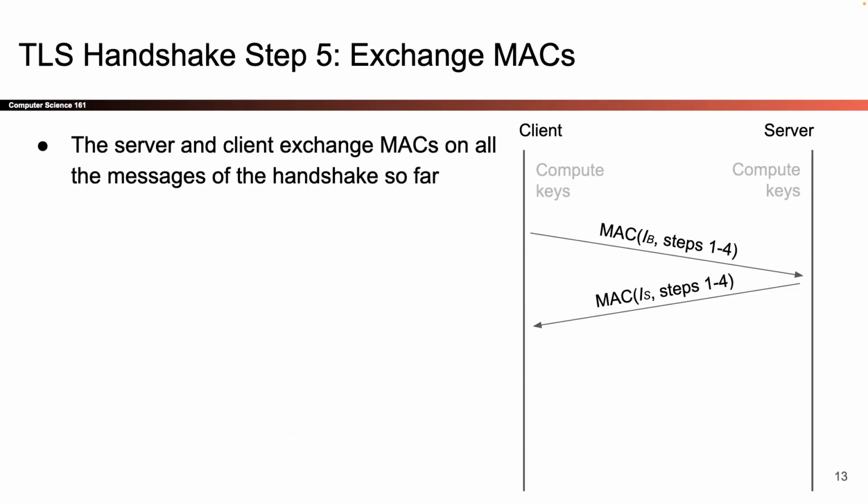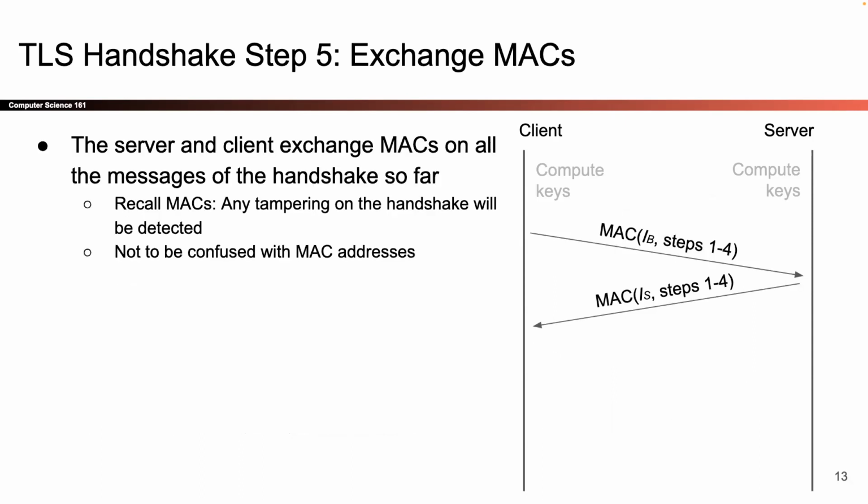And the way that I'm going to do that is I'm going to exchange MACs. Here, when I use MACs, I'm referring to cryptographic MACs, not MAC addresses. That's something that happens at layer 2 or whatever. Today's all about cryptography. This is the cryptographic MAC. So intuitively, I think back to MACs, and I remember, okay, MACs are a way to help me check that messages have not been tampered with.